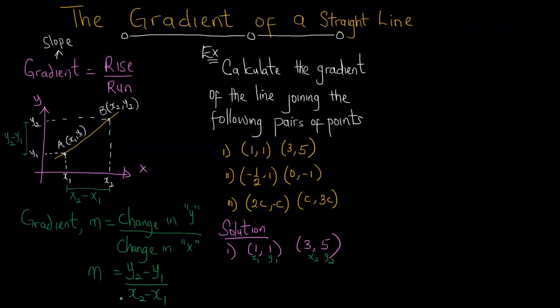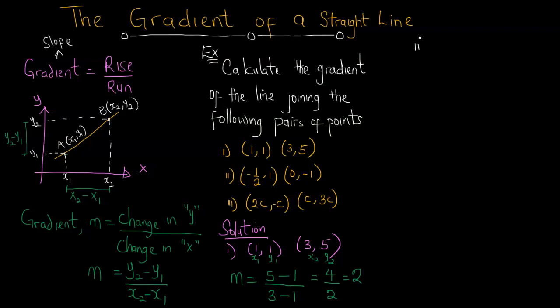And we know the formula for gradient is y2 minus y1 over x2 minus x1. Thus the gradient here would be y2, this is 5, minus y1, that's 1, over x2, that's 3, minus x1, that's 1. So 5 minus 1 is 4, 3 minus 1 is 2, thus the gradient is positive 2.